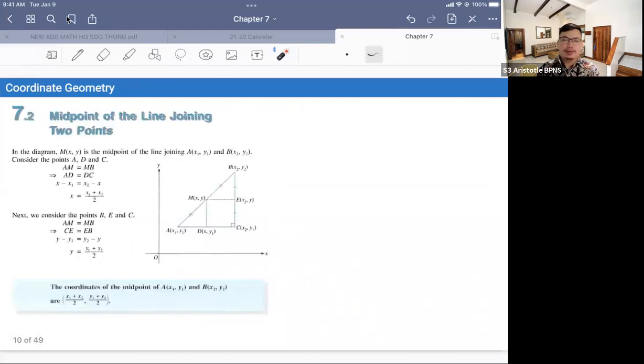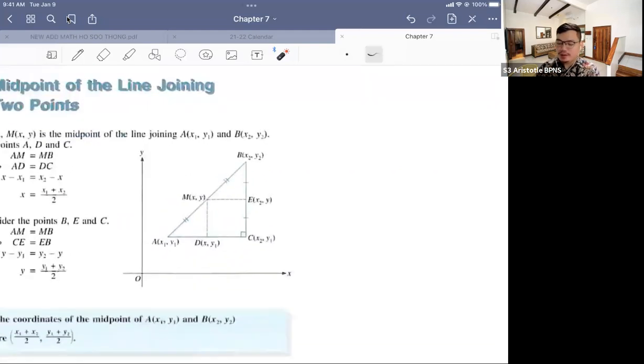Now the second topic is different. This is new for us. This is about the midpoint of the line joining 2 points. So basically, this is the midpoint formula. From the definition of midpoint, middle point. If you say that something is the midpoint of a line, it's dead center of that line.